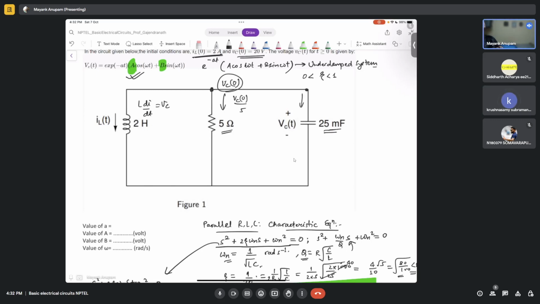This current IC is dVc by dt into C at time t equal to 0. This also you know. Now IL plus IR plus IC at time t must follow KCL, so they must be equal to 0. So what is IR plus IC? This is equal to minus IL, right?